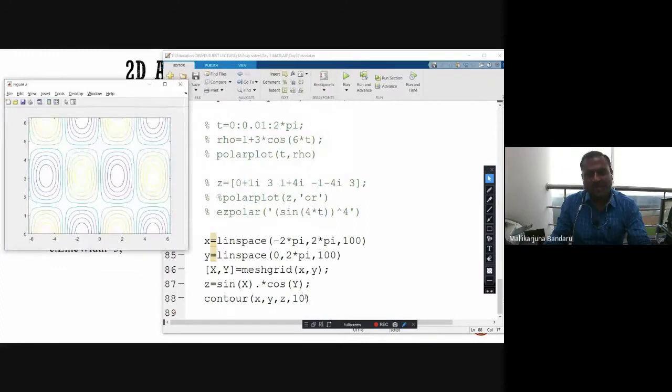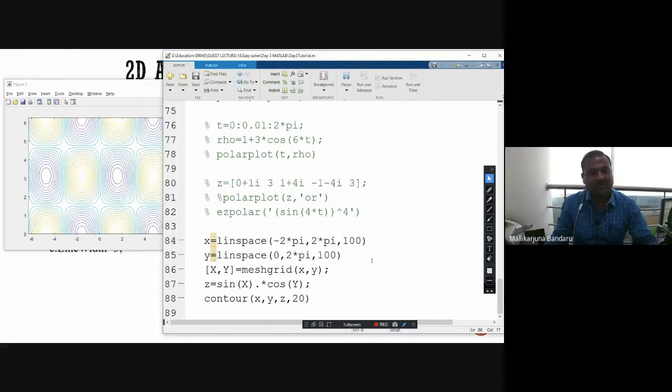Suppose I'll make 20. What changes will we see here? Just keep observing the graph. See, the number of contour lines has increased. But suppose you'd like to change the style, like dotted lines, it will give that.